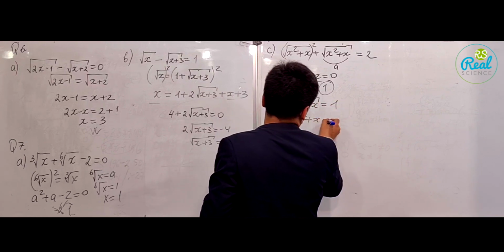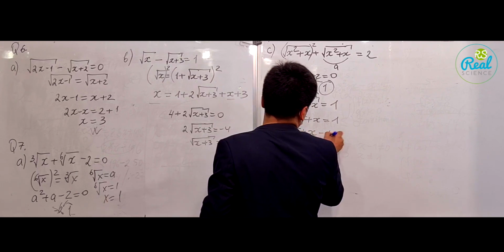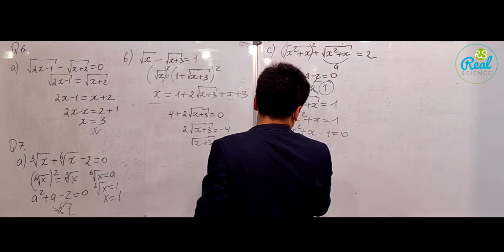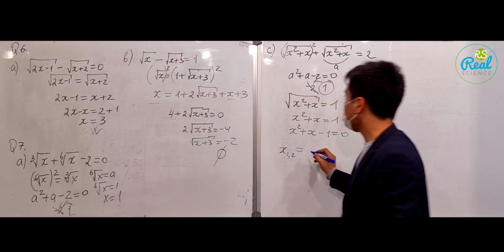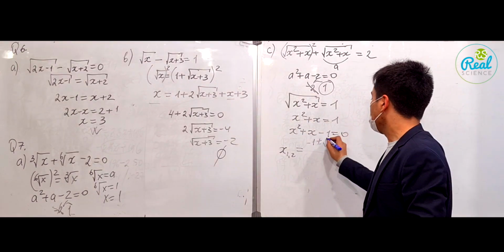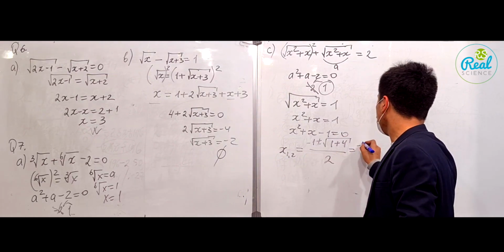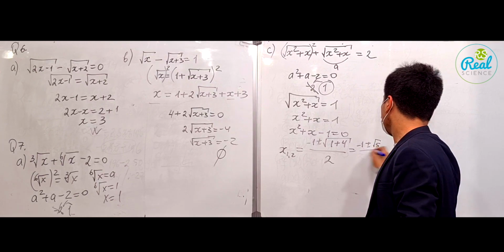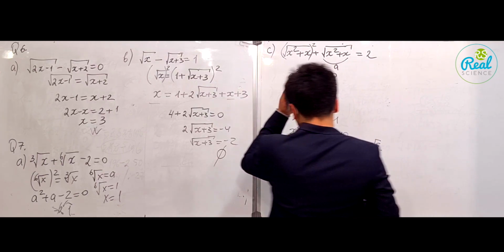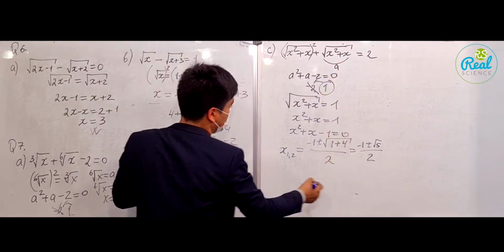X squared plus x minus 1 equals 0. And when you find this by the quadratic formula, yeah, quadratic formula, minus 1 plus minus the square root of 1 plus 4, over 2. Minus 1 plus minus root 5. Students, actually, this is the inside of the square root, yeah?